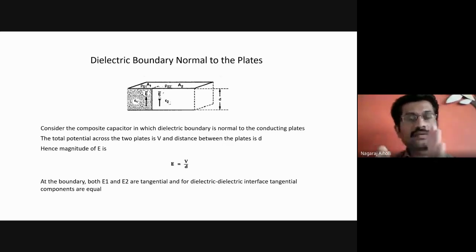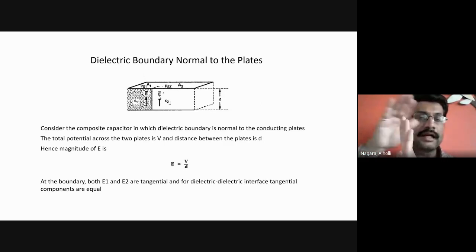Now consider the tangential component in dielectric medium 1 as E1 and the tangential component in the dielectric medium with permittivity epsilon 2 as E2. The permittivity in one medium is epsilon 1 and in the other is epsilon 2; in medium 1 the electric field intensity is E1 and in medium 2 it is E2.